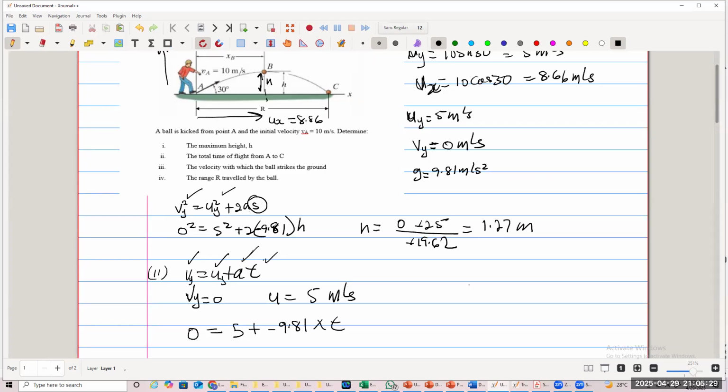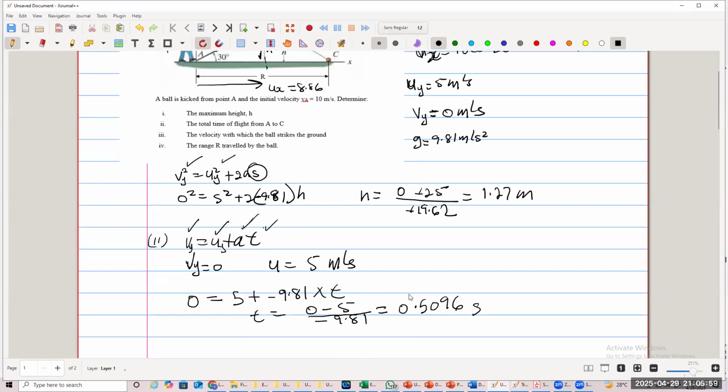Transposing for t, you get 0 minus 5 divided by minus 9.81. How much will that give you, guys? It will give you positive 0.5096 seconds. Do you agree with that? Yes, sir.